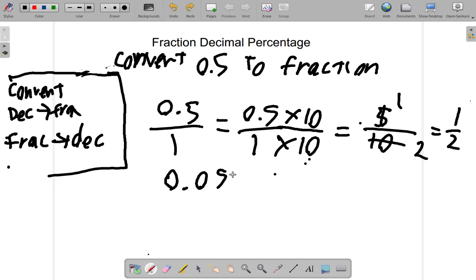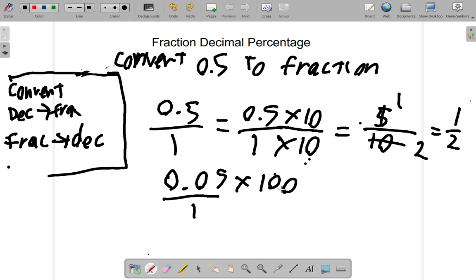Right, you can't multiply it by 10, because when you multiply this by 10, up top here you're going to get 0.5. So it can't be by 10. You need to have a whole number. Alright? So let's backtrack. You write the 0.05 over 1. Multiply this by what? By 100.